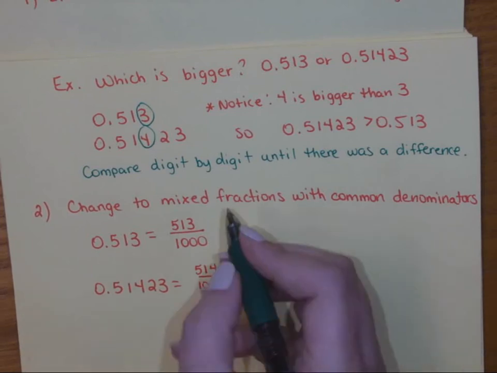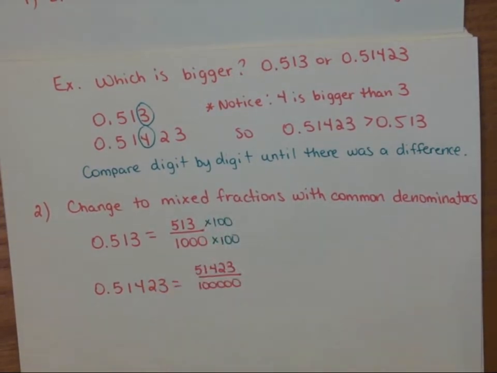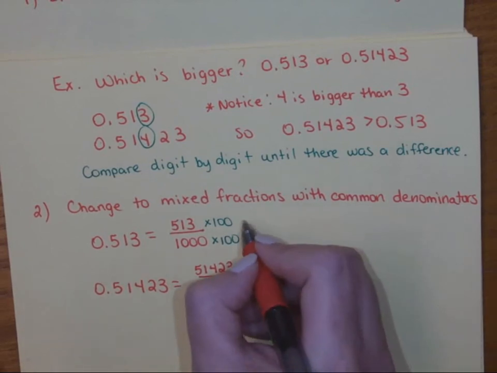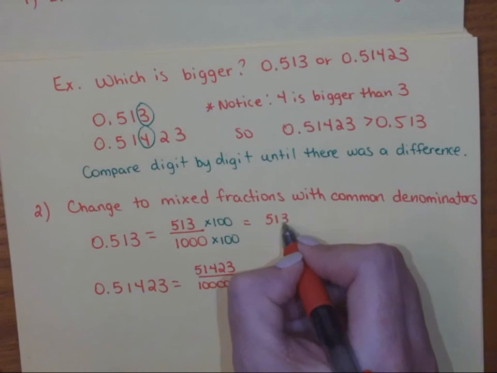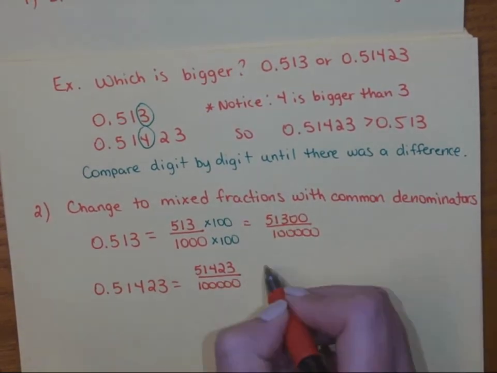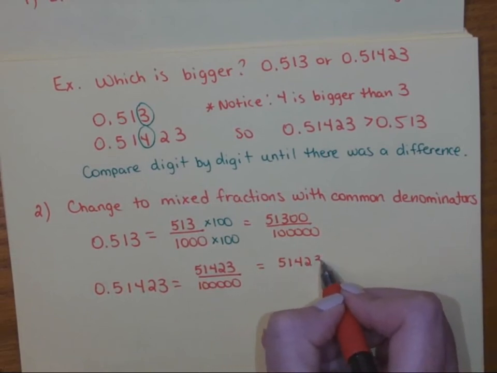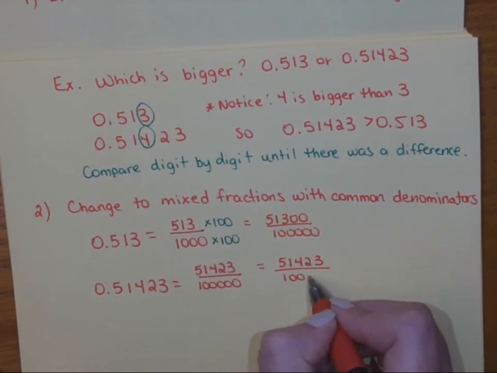So for this we would need to get a common denominator. So I'm going to multiply top and bottom by 100. Okay, I'm allowed to do that because it's just like multiplying by 1. So in the end I get 51,300 100 thousandths compared to, I didn't really change this one, 51,423 100 thousandths.